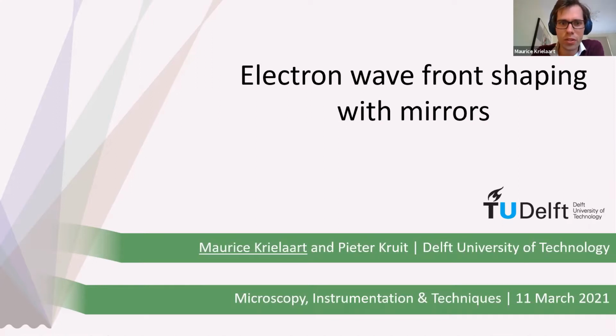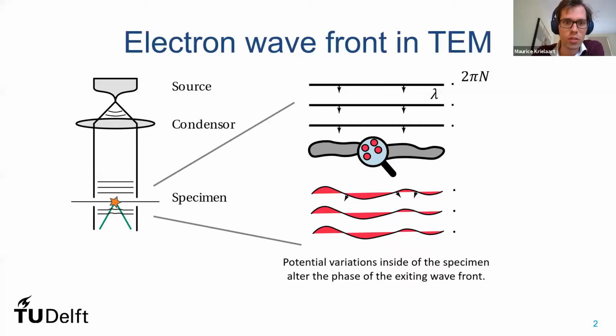Actually, I wasn't sure about the background of all of you in the audience. So let's just take a basic starting point, and that's discussing electron waves inside the TEM, the transmission electron microscope.